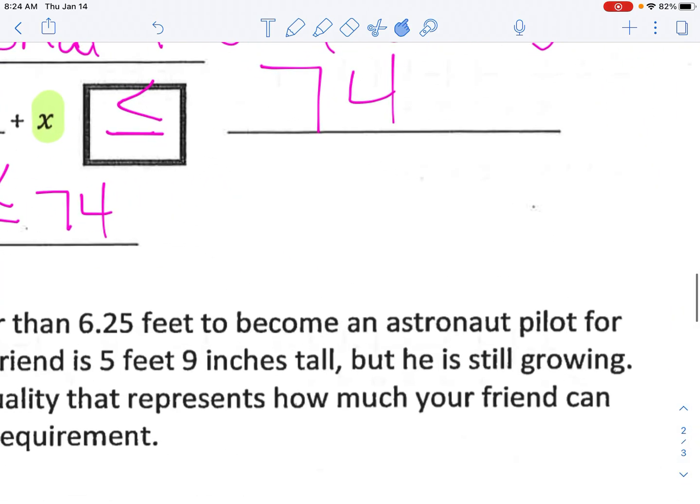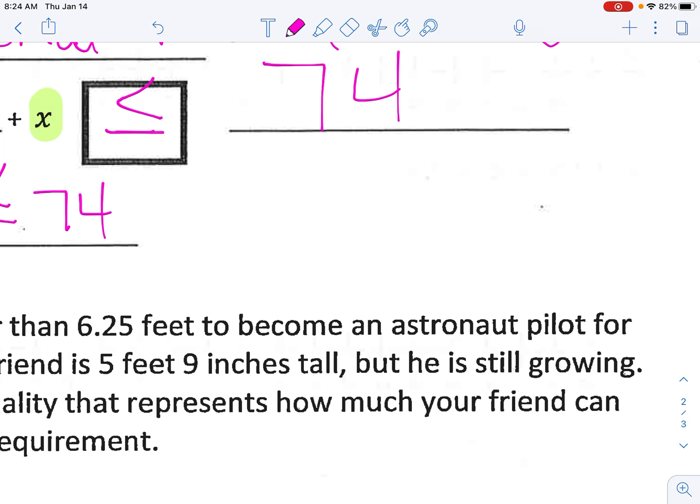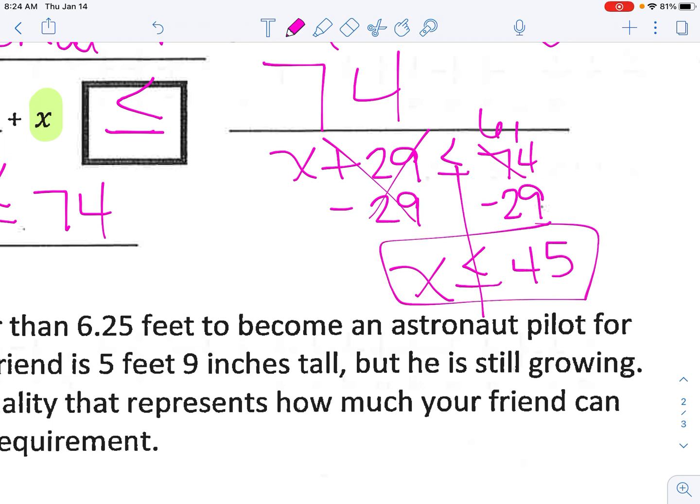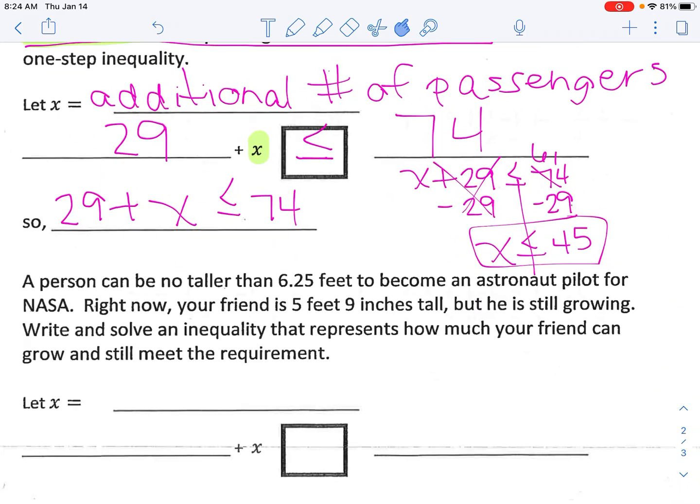Okay, so let's figure out how many more people can board the bus. So we're going to draw our mirror, subtract 29 from the left, subtract 29 from the right. Cancel the 29s. 45 more people can board the bus. That would be your solution.